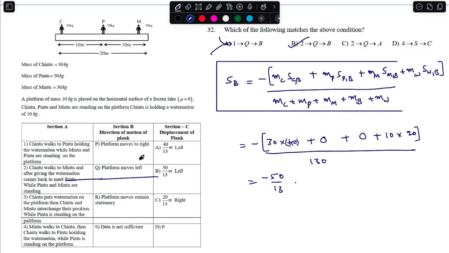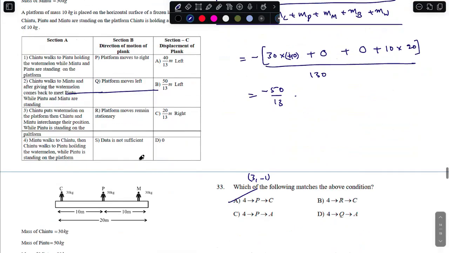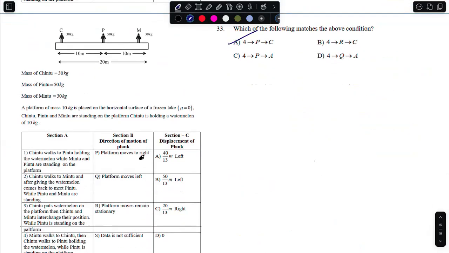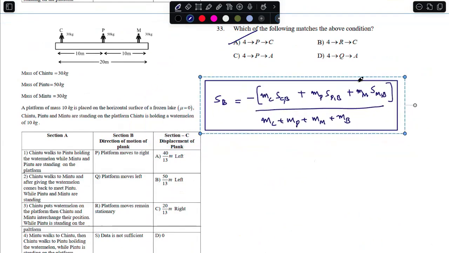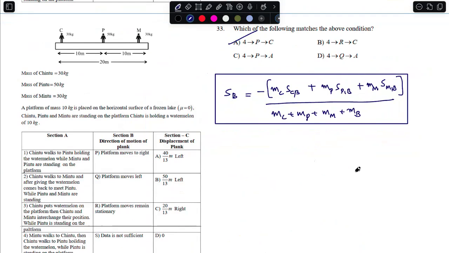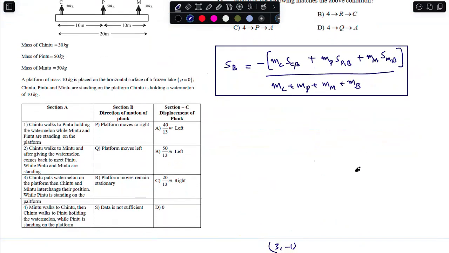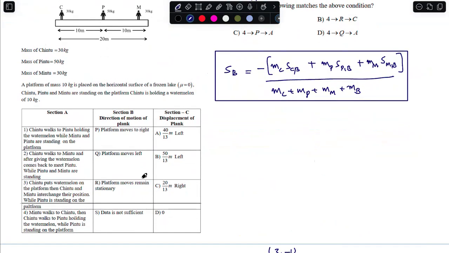Okay. How many of you did not do these questions? Have you all done these 3 questions? Very good. Which means I don't need to discuss the third question. Same formula, use the same formula. You will get 4. Mintu walks to Chintu.